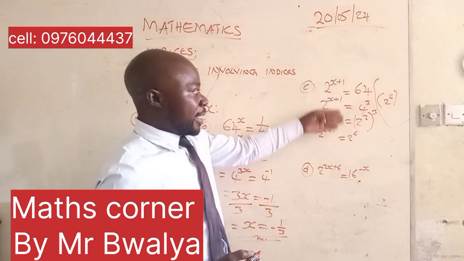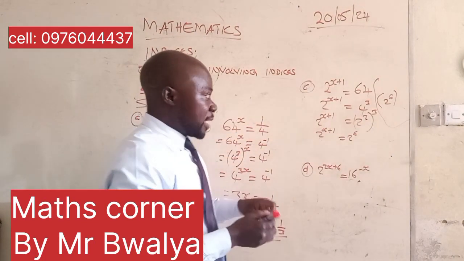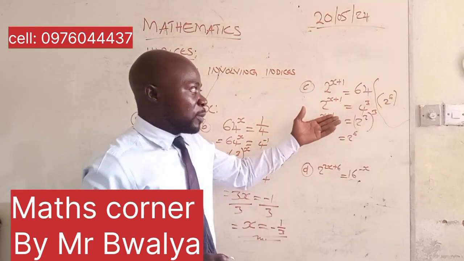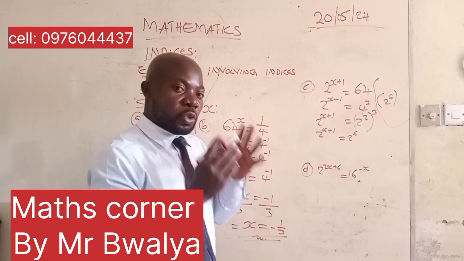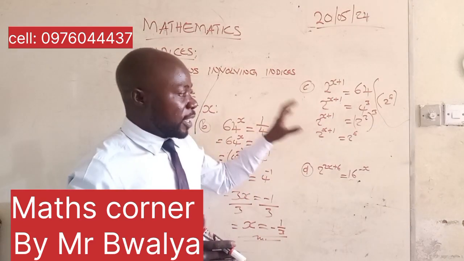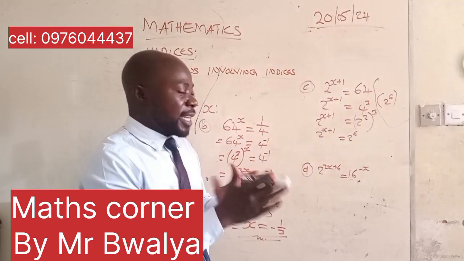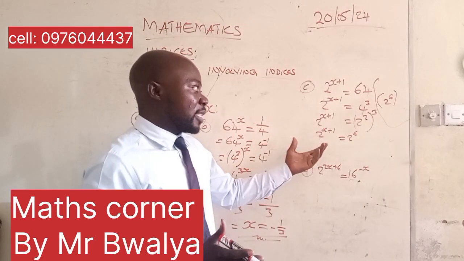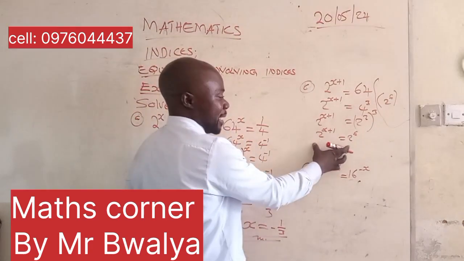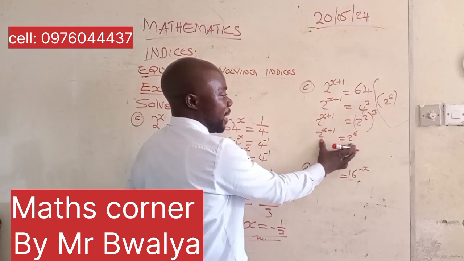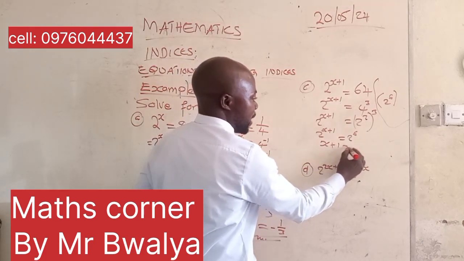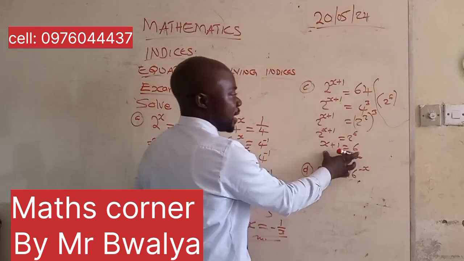Sometimes you need to look at how many marks are given to that question. When it is possibly 2 marks, you need to show your work to be given the complete 2 marks. You can also judge in terms of timing. Since we've got the same bases here, the bases are equal, therefore x plus 1 is equal to 6. We equate the powers.